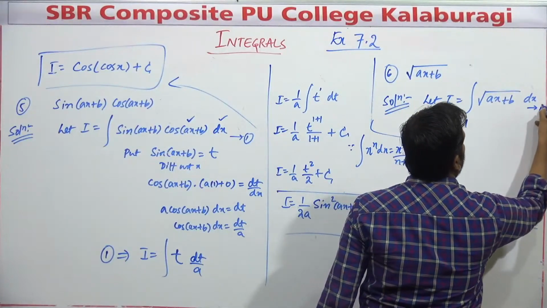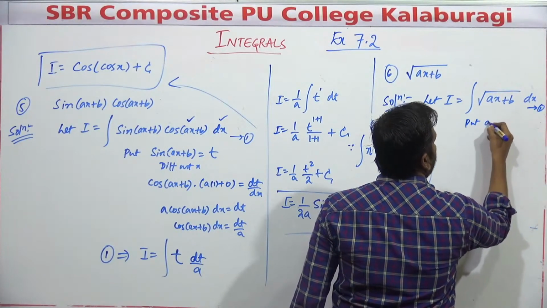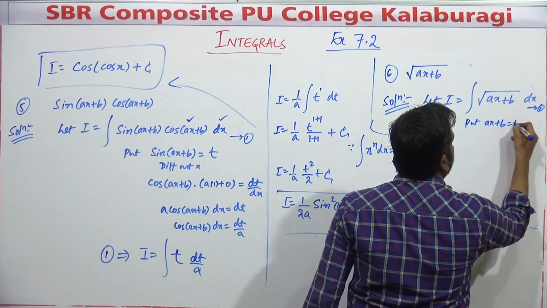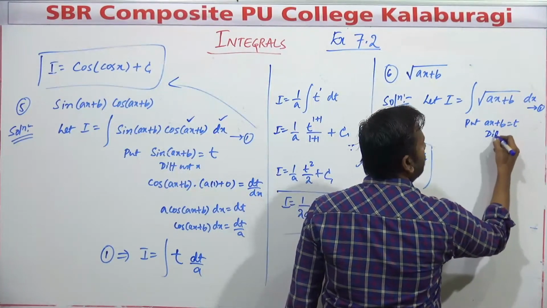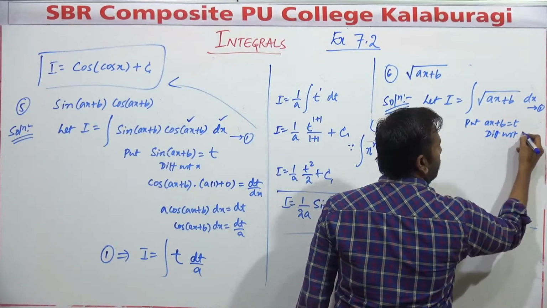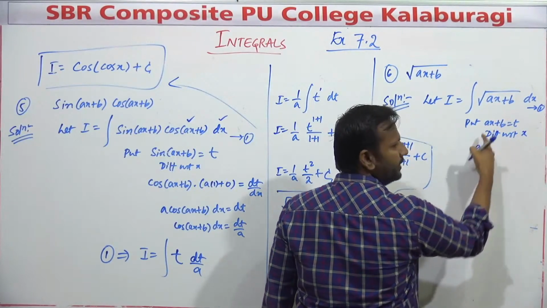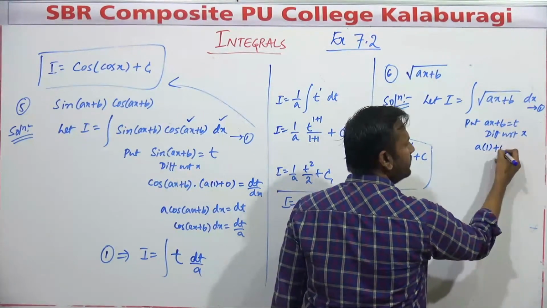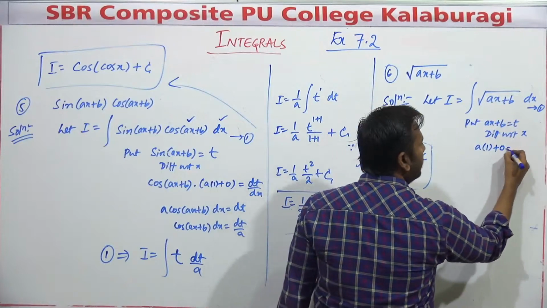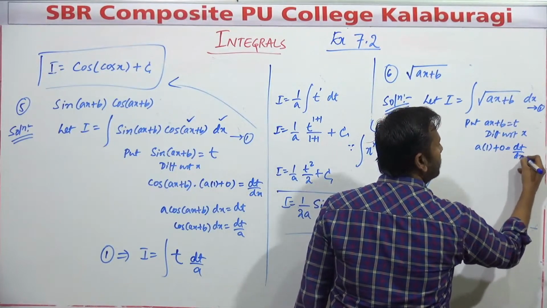Calling this equation 1, put ax plus b equal to t. What happens now? Differentiate with respect to x. a is a constant, x with respect to x is 1, b is a constant so it becomes 0, and t with respect to x becomes dt by dx.